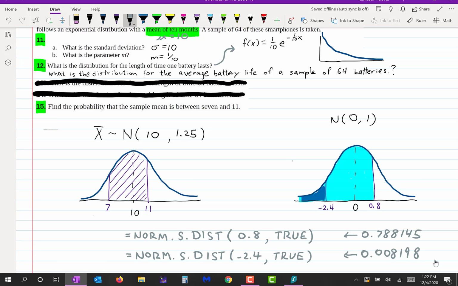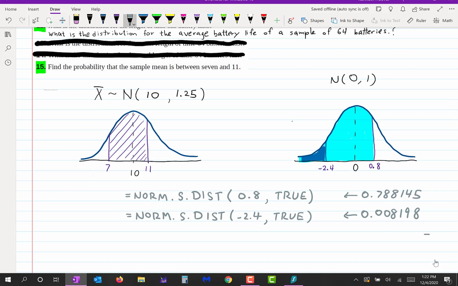Now I take that dark blue area that's in the picture right above, and I subtract that from the total light blue area, and let's see what we get. 0.779947. So that's our answer.